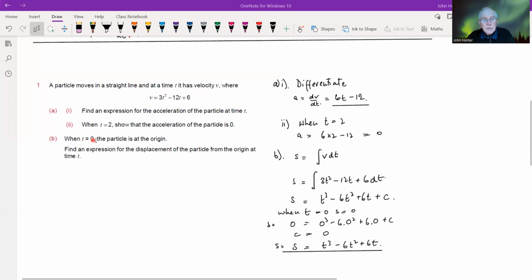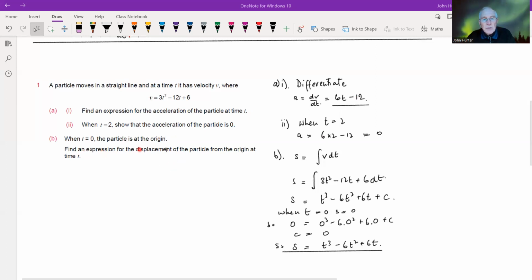Now, when t equals 0, the particle is at the origin. You can spot this straight away as being a boundary condition. The particle is at the origin, which means displacement equals 0. So this is saying when t equals 0, s equals 0. Okay, we'll come back to that.